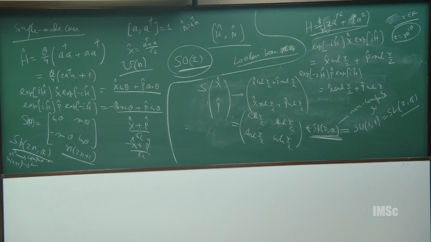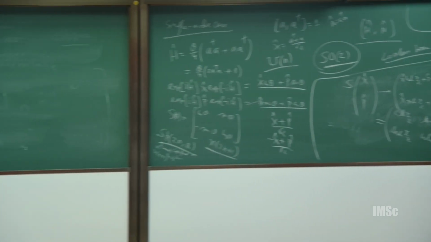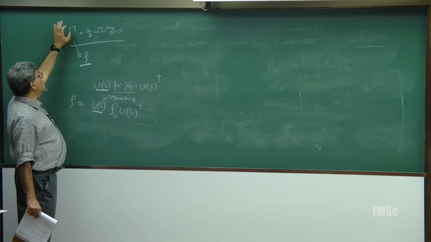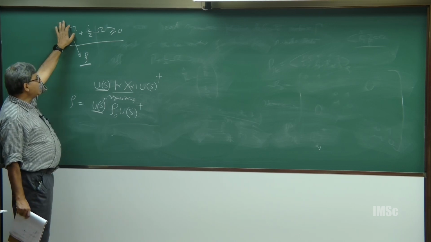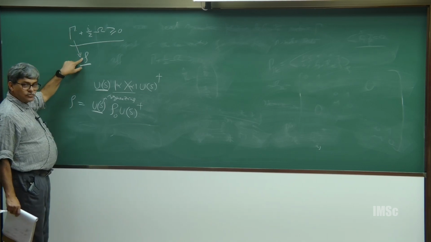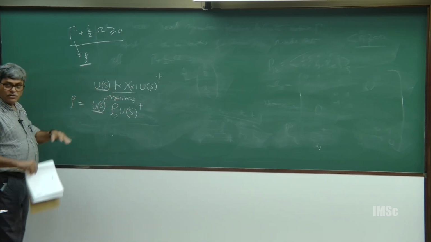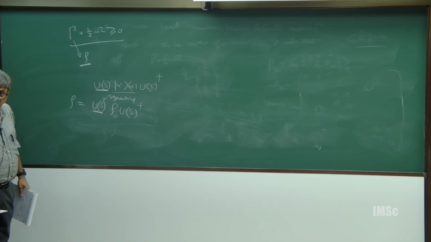So, the question is, once this is satisfied, what extra condition one should impose on this gamma, so that the corresponding state will have some amount of squeezing. Now, why are we interested in that?